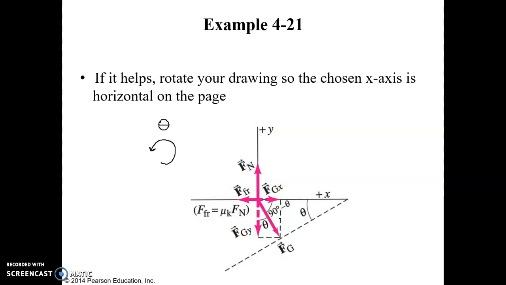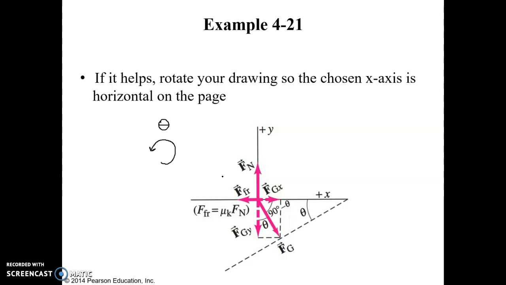Now, I've said all along that I prefer to use the complementary angle, the angle that is made with the horizontal axis, for my calculations when finding vertical and horizontal components. So this angle would be 90 degrees minus theta.